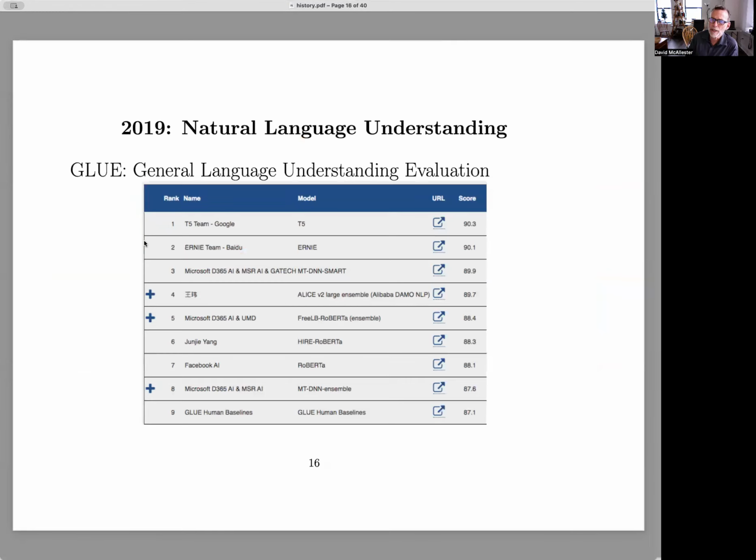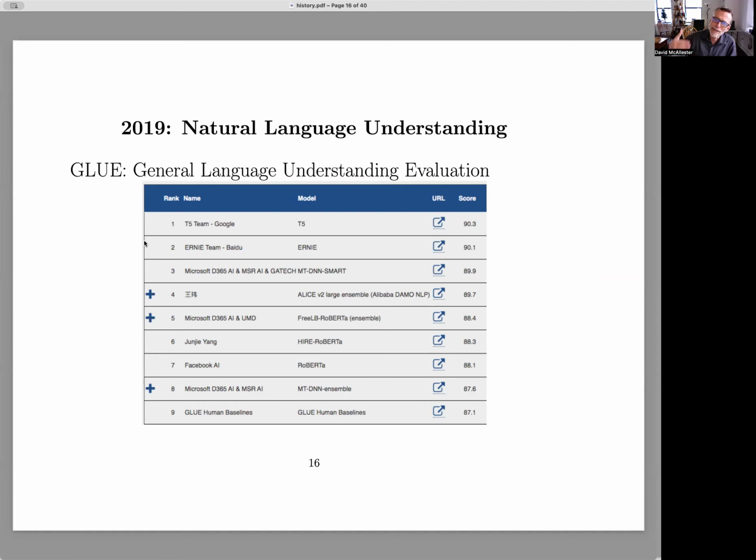2019, natural language understanding. So this is a time when pre-training, just training language models on language, predicting the next word, or at this time period, there was a lot of interest in a system called BERT that instead of predicting the next word in a sequence, which is what you hear about now, autoregressive language generation, would mask out a word and predict the missing word from both ends, from the context.